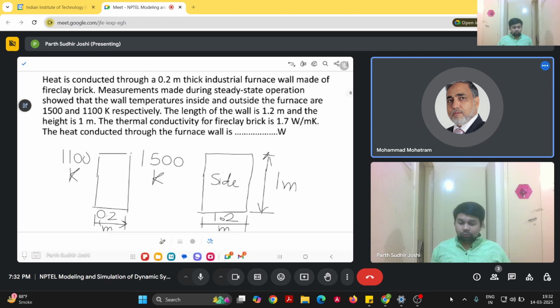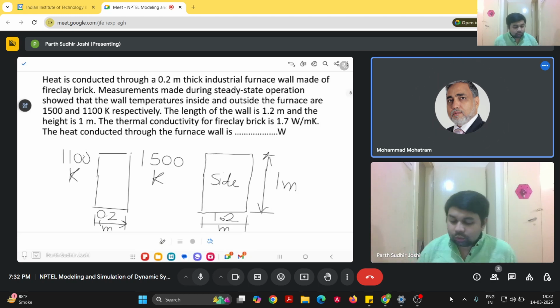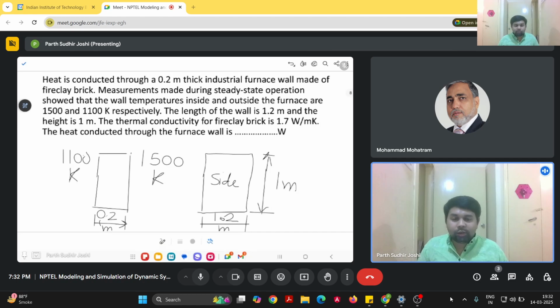I forgot about this concept actually. Okay. So basically we have to just apply the simple Fourier's law of conduction.